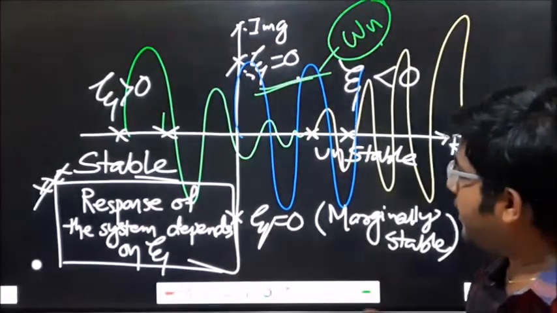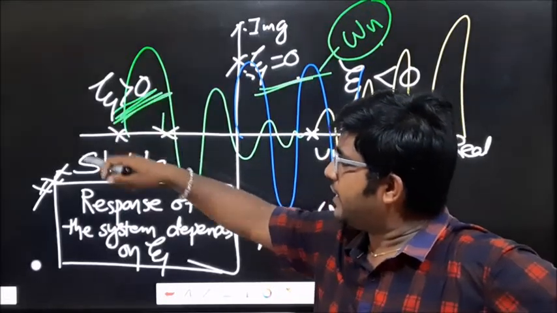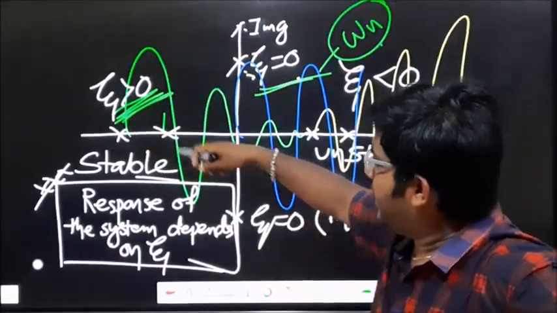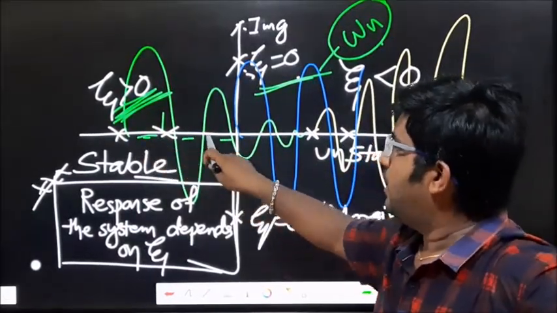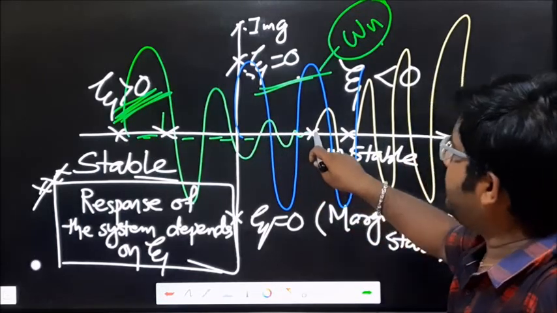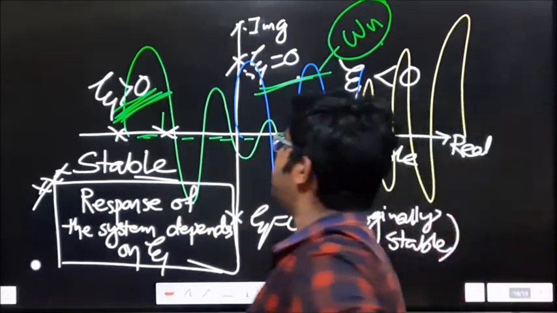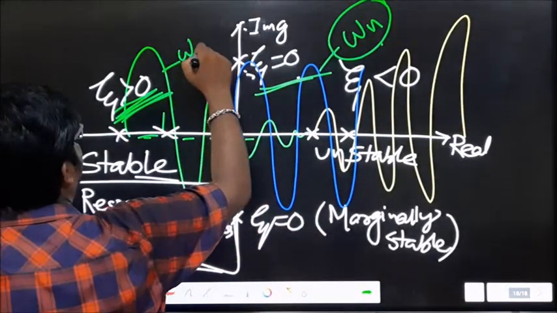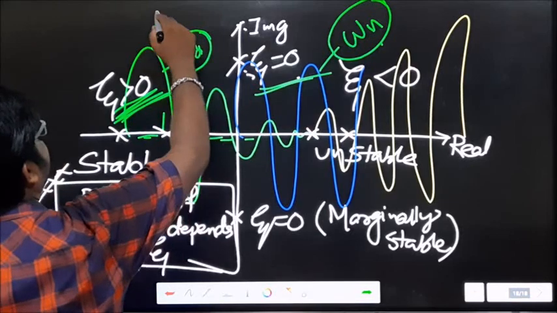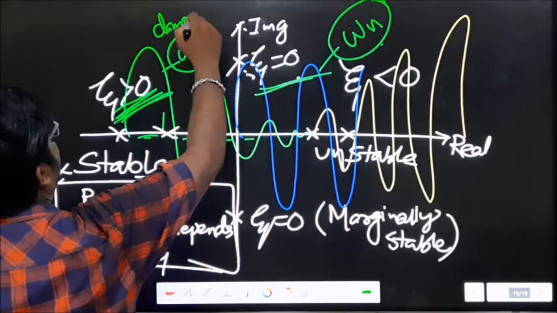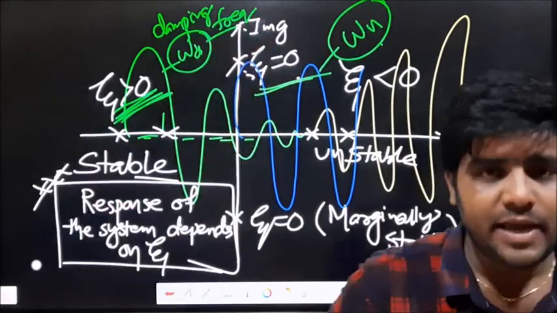But when zeta is greater than 0, the system oscillates and then the frequency changes. You can see this length changes. After some time the oscillation dies out. This frequency is called omega d, or the damped frequency.